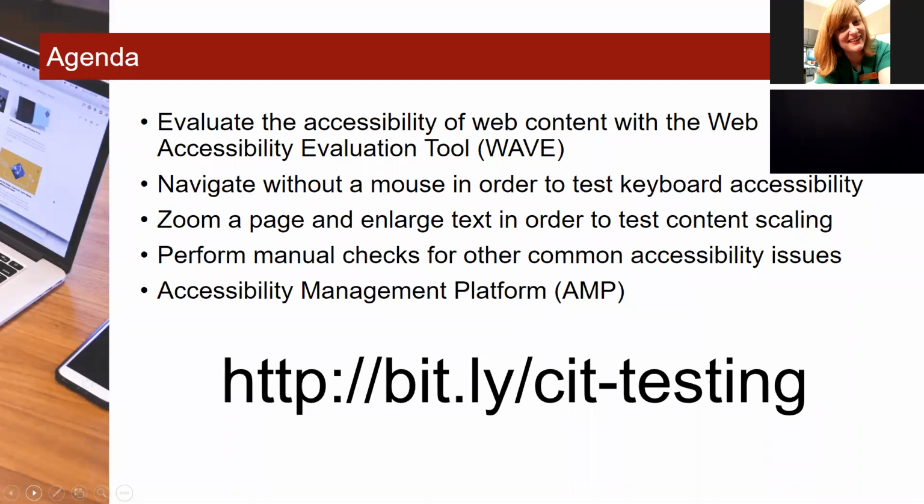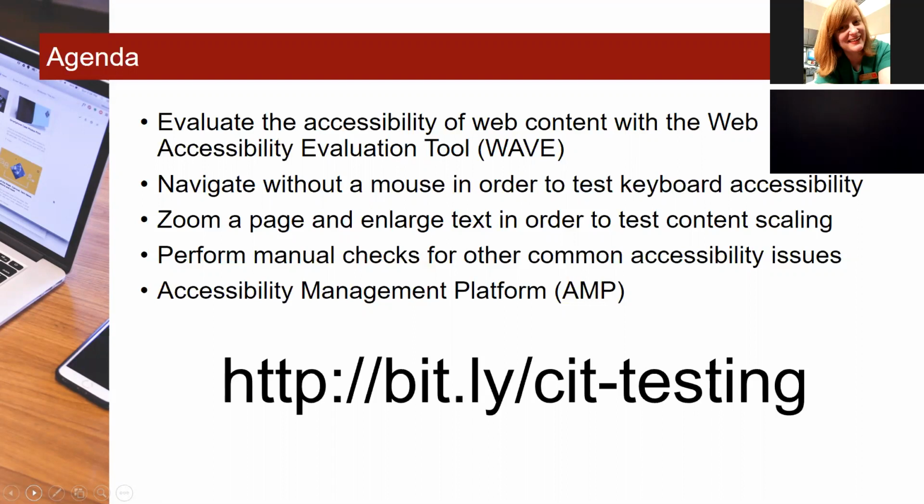There are many accessibility problems that can be quickly and easily identified without the need for advanced web development knowledge or skills. This session covers basic web accessibility evaluation techniques using the WAVE accessibility evaluation tool, testing keyboard accessibility and content scaling, and manual checks for other common accessibility issues.